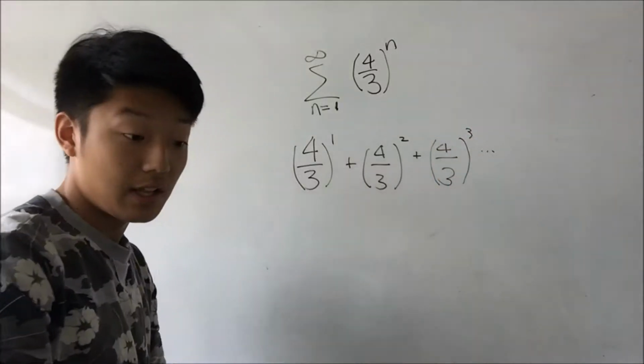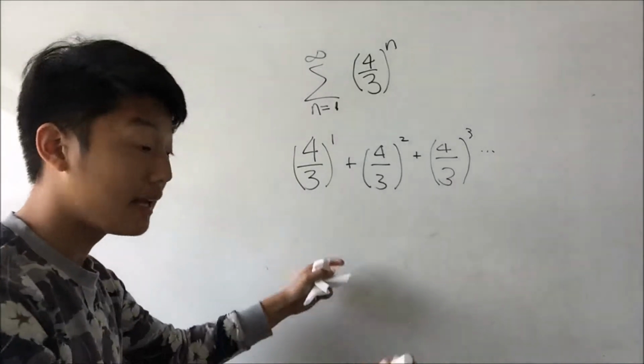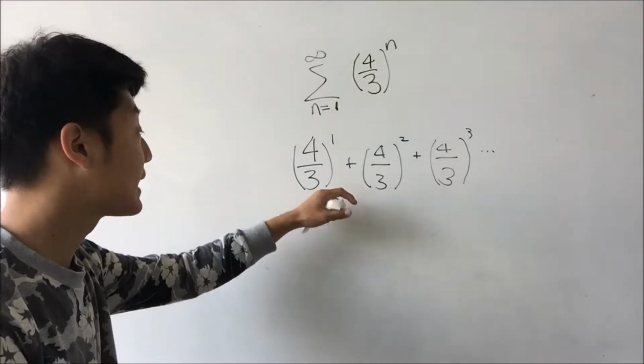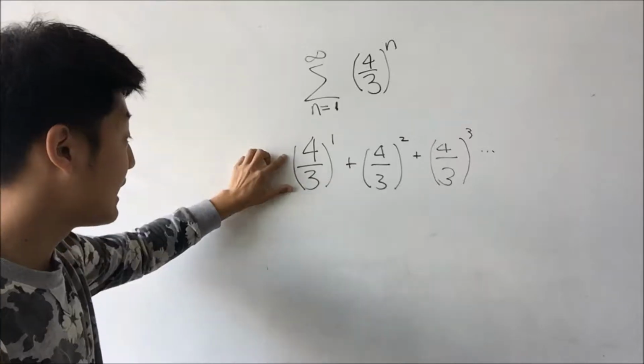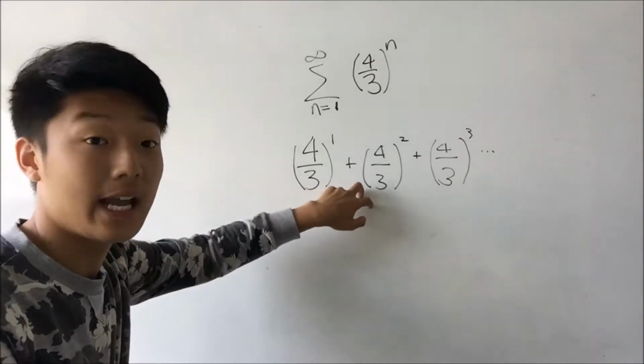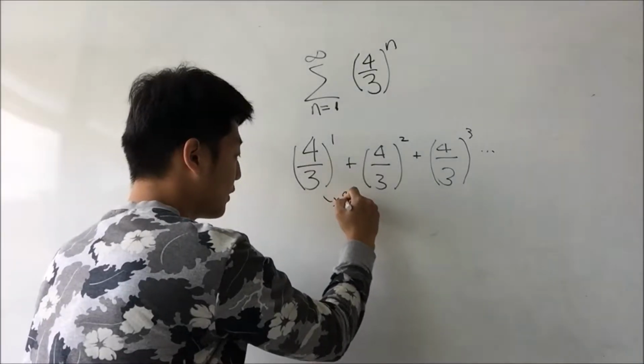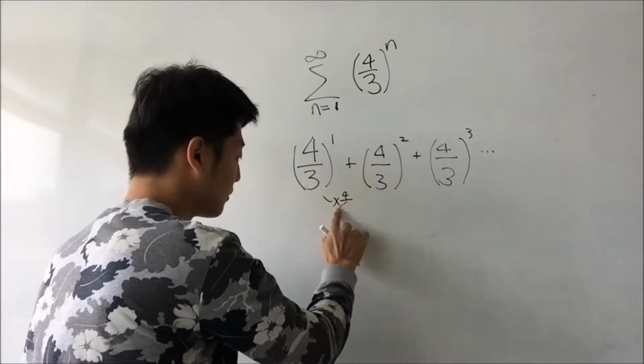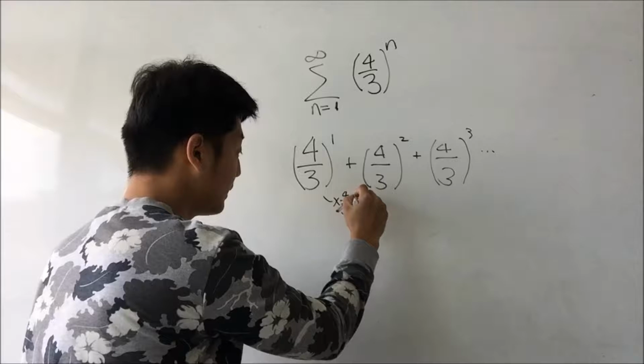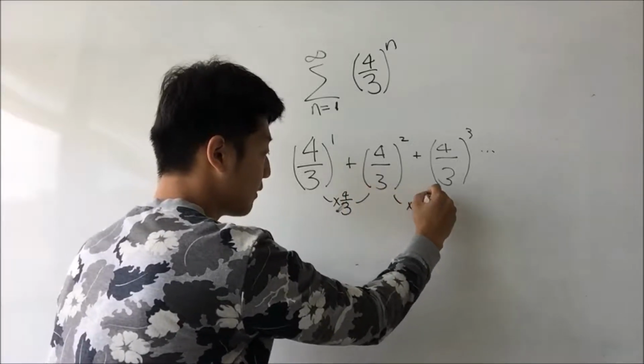The thing I said about is I made a mistake. When we look at it, this multiplies by 4 over 3 each time, that means 4 over 3 times 4 over 3.